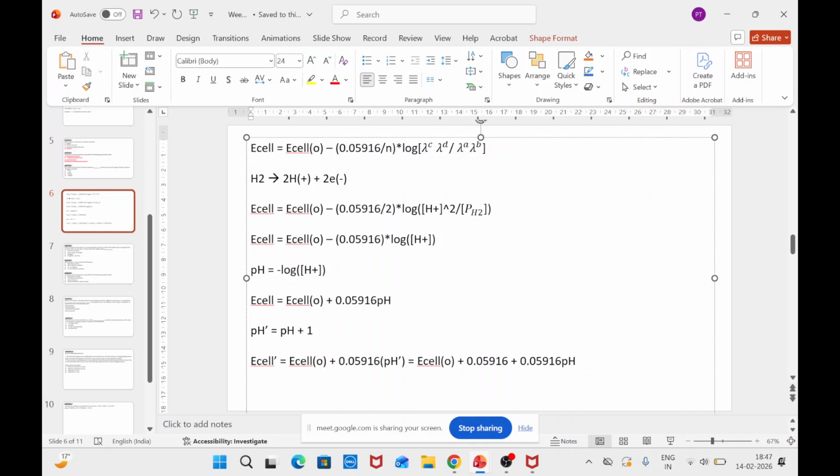Now we know E cell naught plus 0.05916 pH is E cell. So then you can write E cell prime equals E cell plus 0.05916.